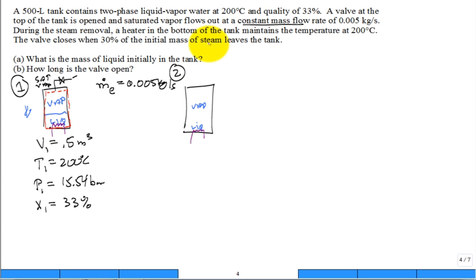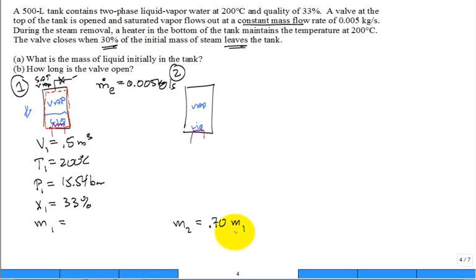All right. So I could think about the mass in the tank at state 1. I don't know it. But I could talk about the mass in the tank at state 2. How is it related to the mass in the tank at state 1? So if the valve closes when 30% of the initial mass leaves the tank, it's 0.70 times M1. True?